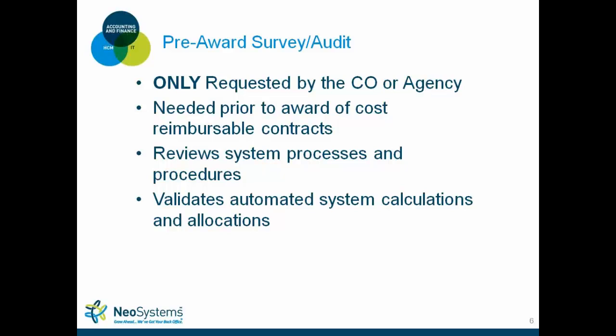A lot of the RFPs nowadays, especially cost plus or cost reimbursable type contracts, require some sort of approval from a DCAA office to say that you as a company are adequate to do business with the government. If you're a sub on a prime's work, sometimes subs can be notified of a pre-award survey audit as well. That might be a requirement for you as a subcontractor.